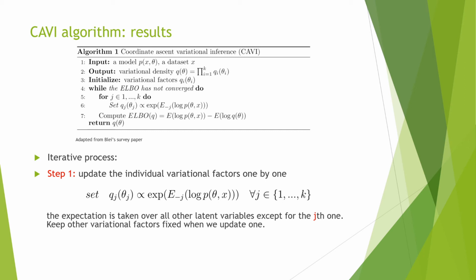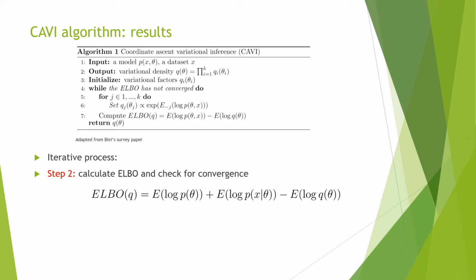We keep the other variational factors fixed when we update one of them. After we finish updating every individual latent variable, we can calculate the ELBO at the current variational density, whose formula has been mentioned before and can be computed in closed form. We will stop the iteration when the ELBO converges, namely when the ELBO from the last iteration is very close to the current one.